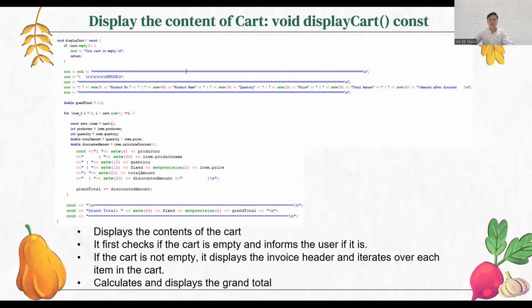For each item, it calculates the total amount and discounted amount using the calculate discount method of the product class, and it displays the details of each item including product number, name, quantity, price, total amount, and discounted amount. Finally, it calculates and displays the grand total of the cart.